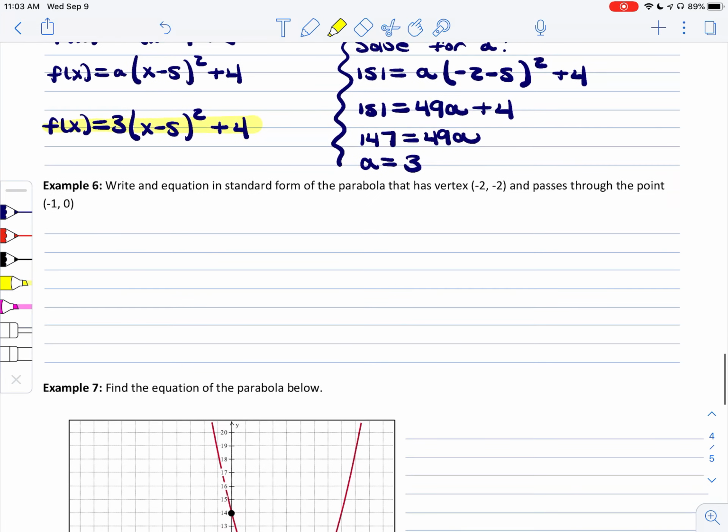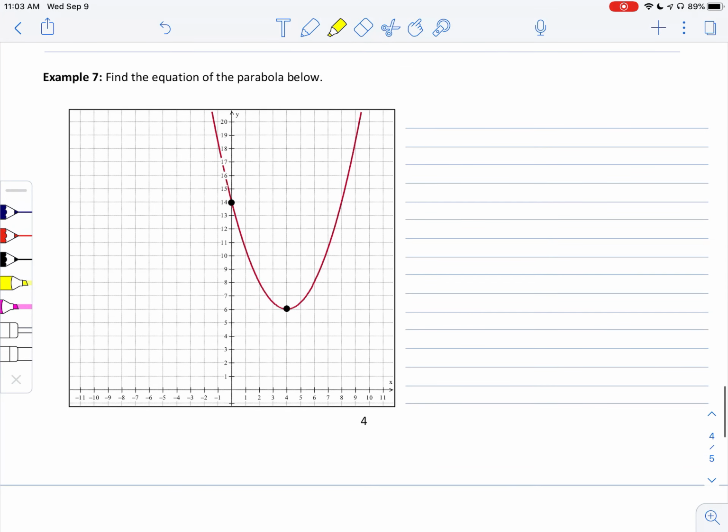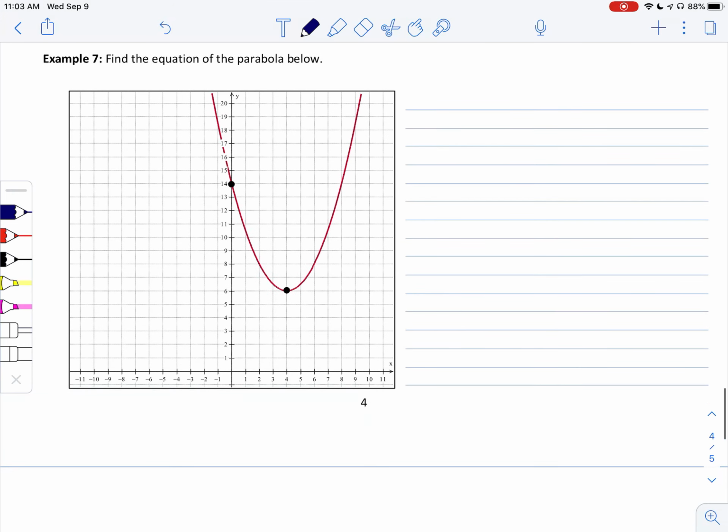All right, example 6, I'm going to leave for you guys to try on your own. Let's go down here to example 7. This is the same kind of idea, it's just that now we're reading the information from a graph instead of being given it explicitly. If we look at this graph, we can see that we're given two things.